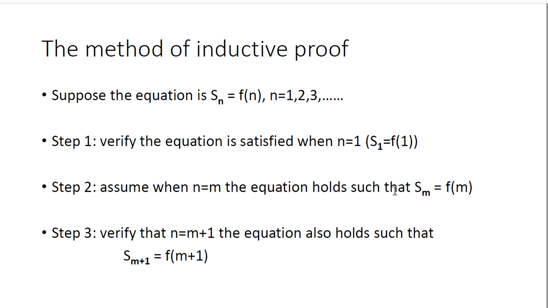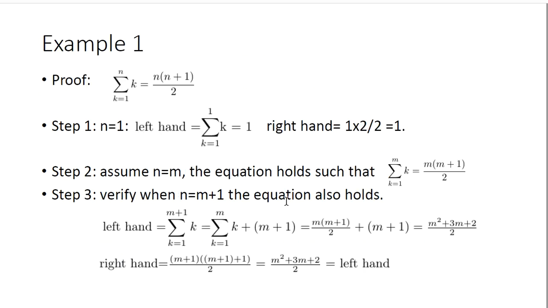Okay, let me show you the first example. This equation: the sum of k from 1 to n equal to n multiplied by n plus 1 divided by 2. So why does this equation hold? We can use the inductive proof to prove it. Step 1, n equal 1.